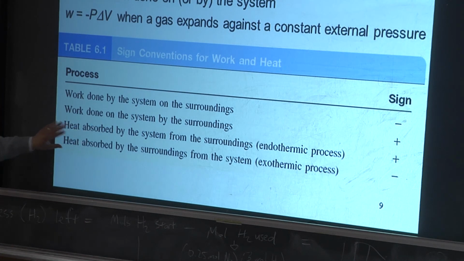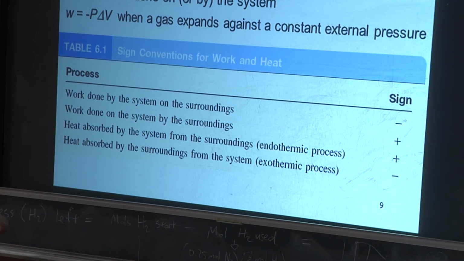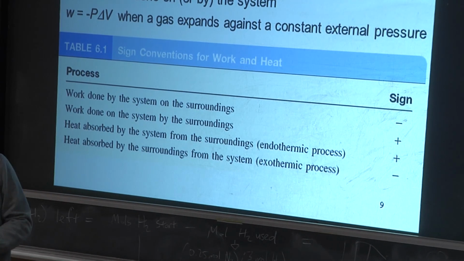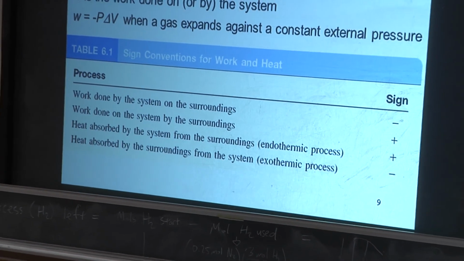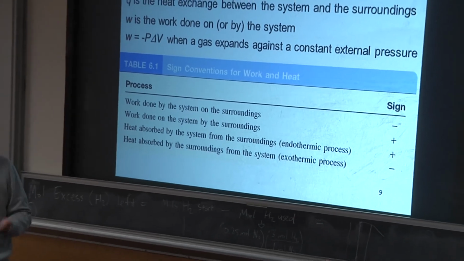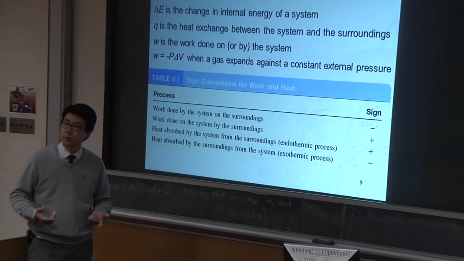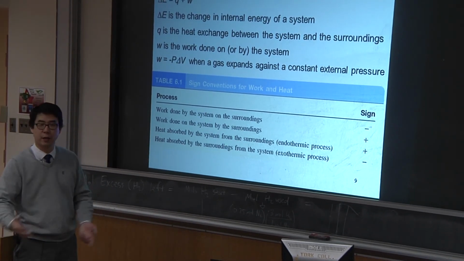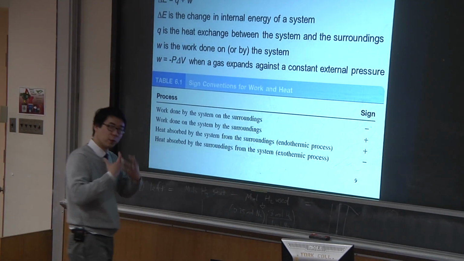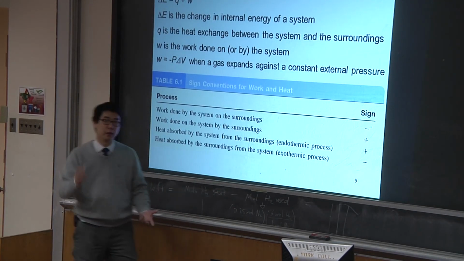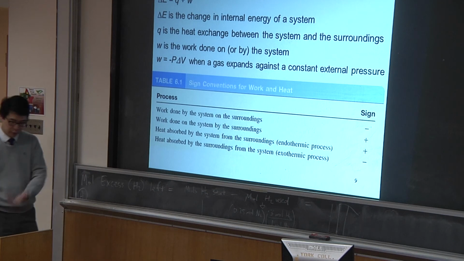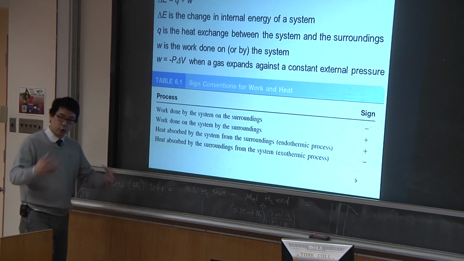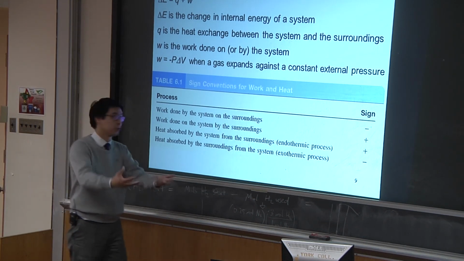If you understand that, when you think about the work, it might be a little easier. If the system is doing work, what's happening to your energy? You're losing energy. Energy is going from you into whatever you're doing. If you're lifting weights, if you're doing your chemistry homework, your energy is going out of you into what you're doing.